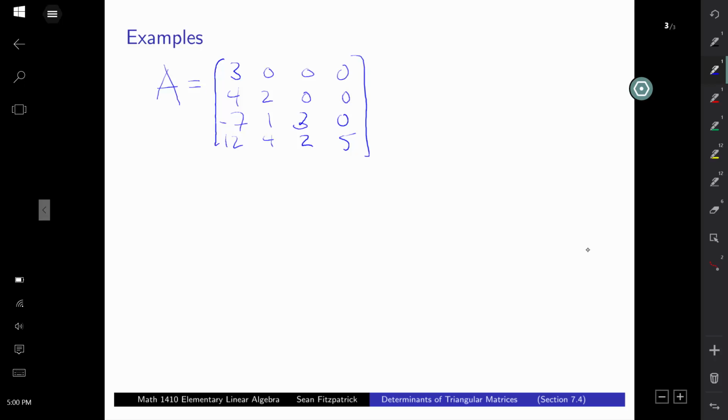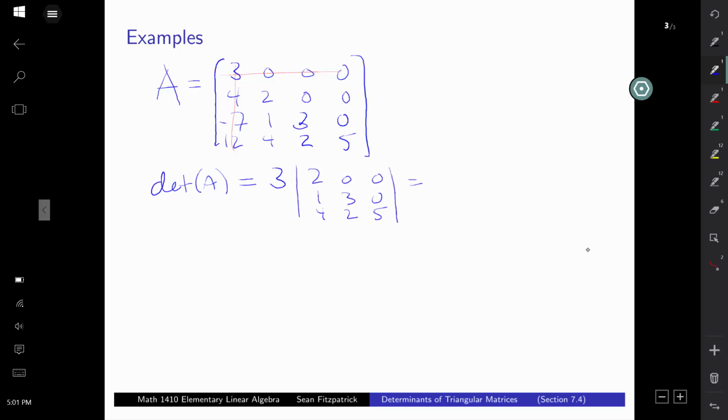If I wanted to calculate the determinant of this one, I'm going to expand along the first row. Along the first row, it's 3. The sign factor in the first row, first column is positive. So 3 times the determinant of 2, 0, 0, 1, 3, 0, 4, 2, 5. I delete the first row and the first column and take what's left over. My other terms are 3 other cofactors, but they're all multiplied by 0, so I don't bother to do those.